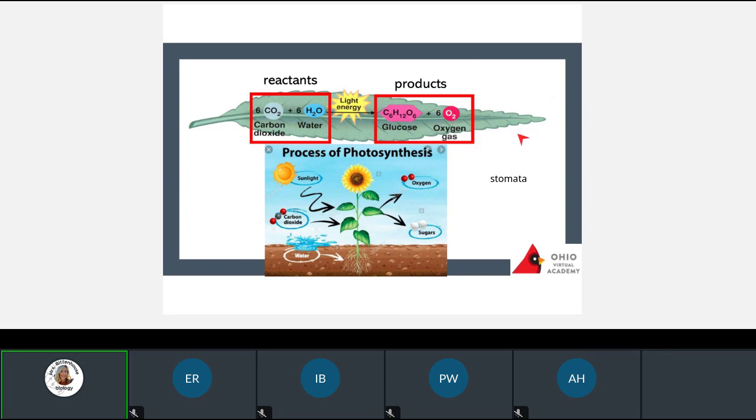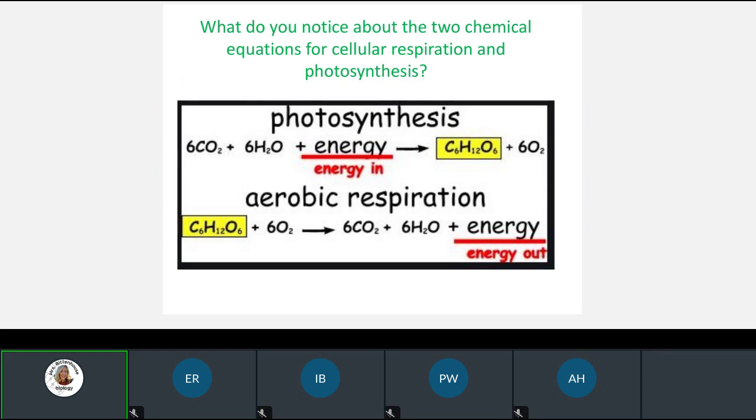All right. So here is another slide that I like to show you the opposites, right? If you look at photosynthesis compared to what we learned yesterday, we've got glucose on opposite sides of the equation.